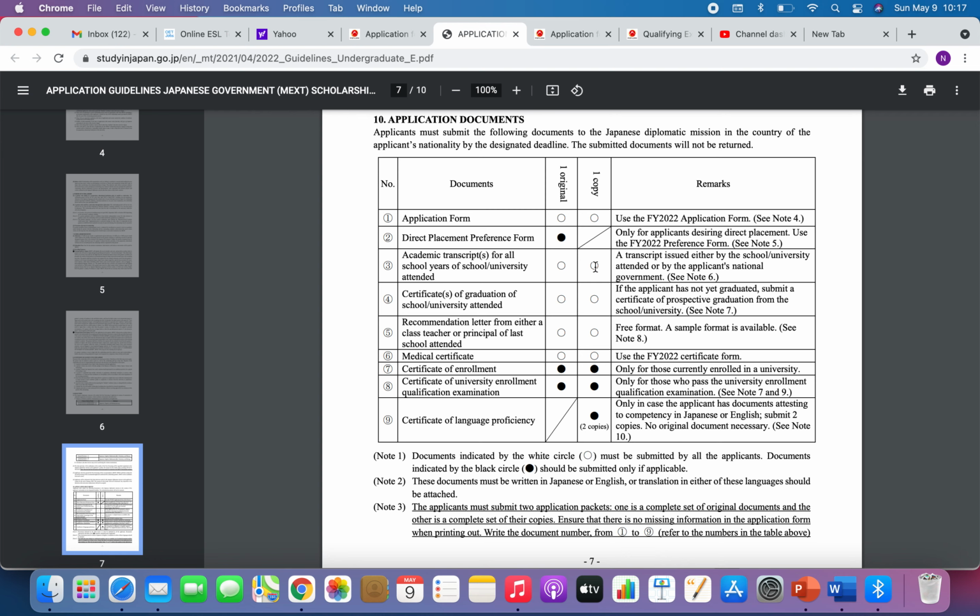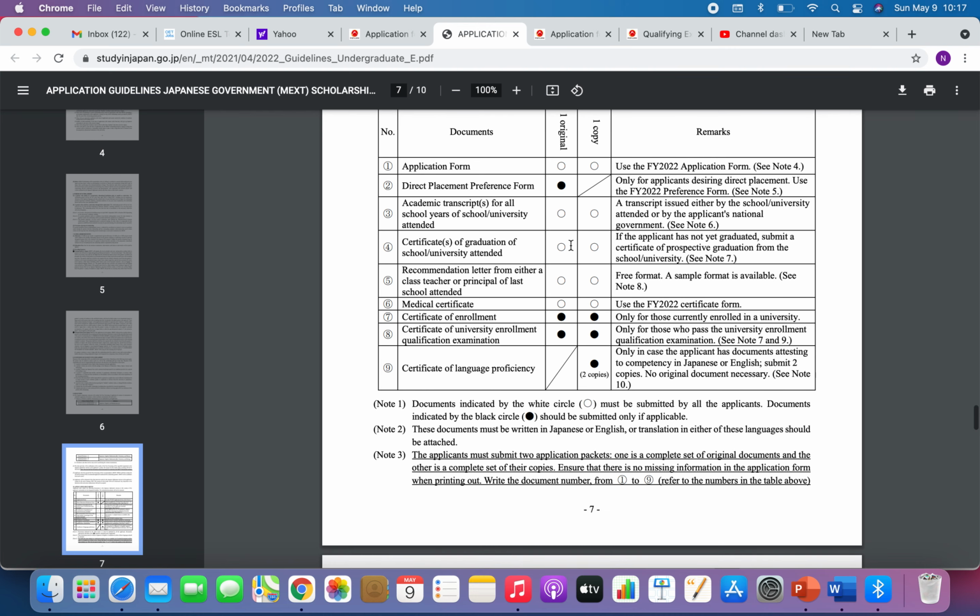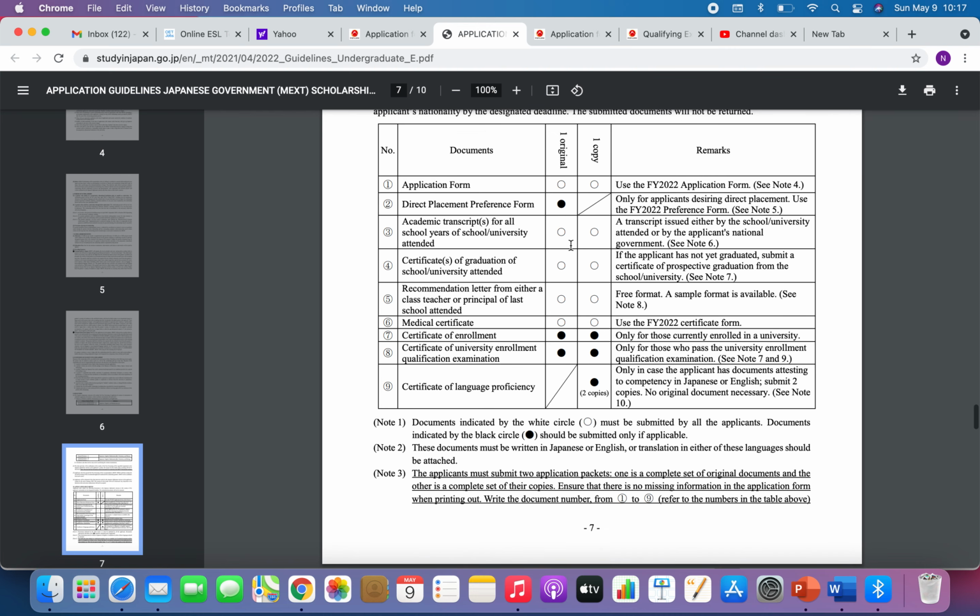So this must be submitted by everyone, but documents indicated by the black circle should be submitted only if applicable. So the ones in white circle are compulsory, while the ones in black circle are only if you meet that particular category or criteria. Okay, so I'm just going to take you back to the previous form.